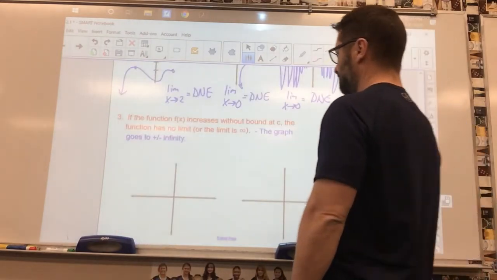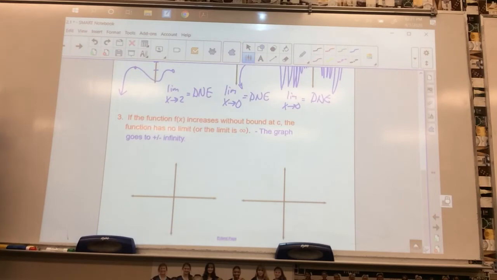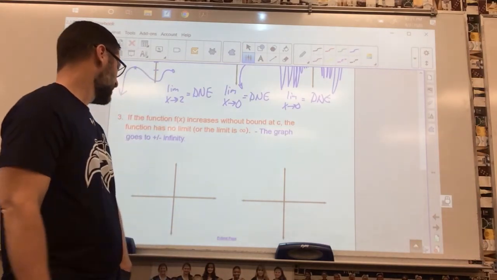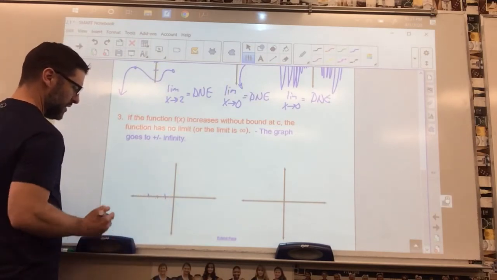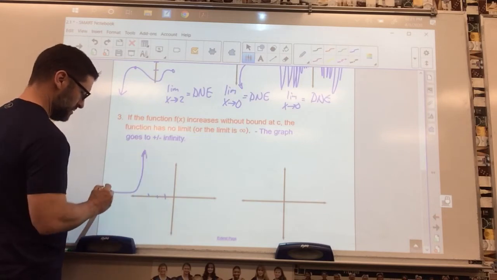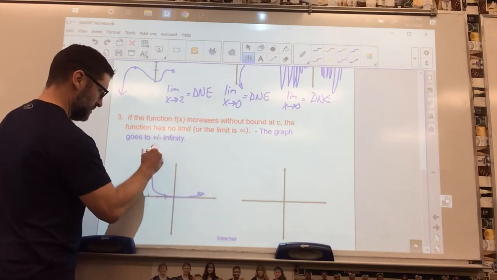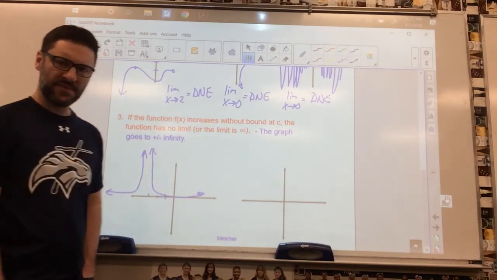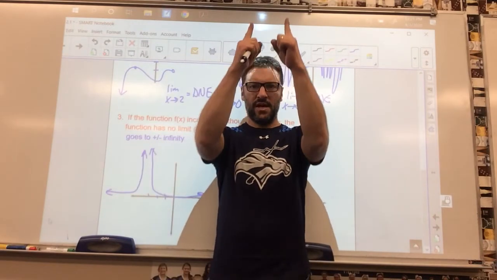And the last one. If the function increases without bound at c, the function has no limit at that value c. So let's go negative this time. And let's go like this. And then I'm going to come down like this. So I have this value of c, the c value where they're coming in from both sides and they're going up like that.